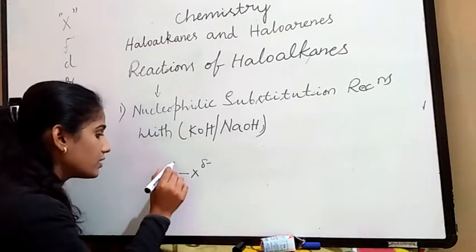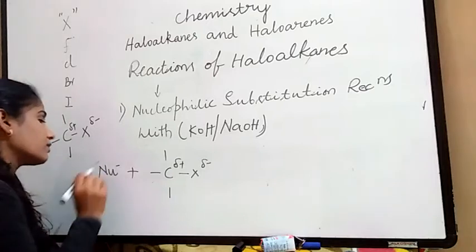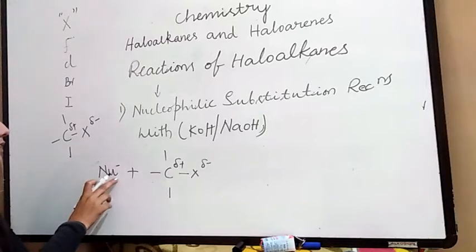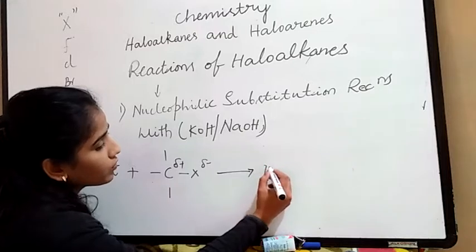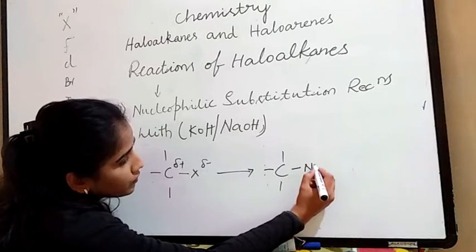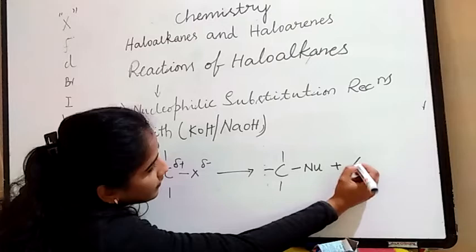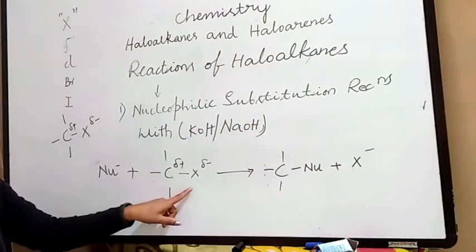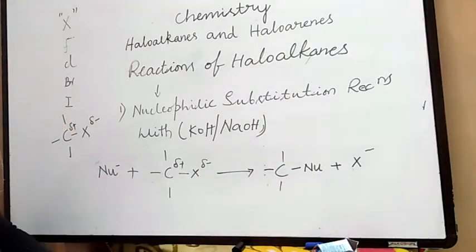Nucleophile is an electron rich species, so it reacts at electron poor sites. So the nucleophile will attach to the electron poor site like carbon, and the halide ion will depart. The halogen atom departs as a halide ion, X minus.